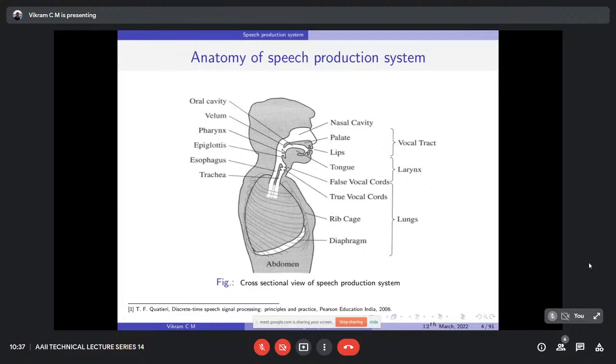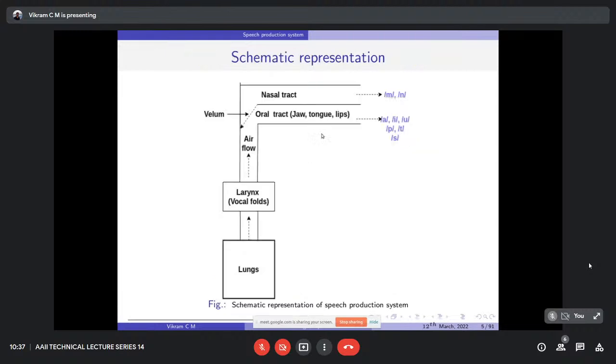Further, it passes through the vocal tract system, which consists of the oral tract and nasal tract. Here, different resonant frequencies are added to the vocal fold vibration. And finally, through the lips or the nose, we emit the acoustic energy. So this is the overview of the speech production system.